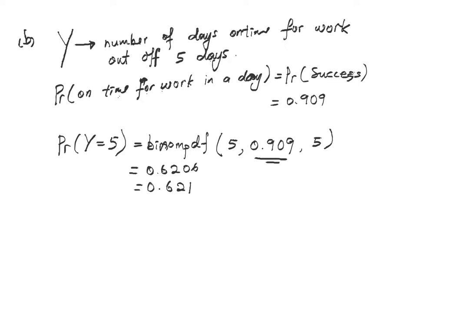That means when you want to do part C, the number of traffic light changes. So you have to repeat part A and part B all over again.